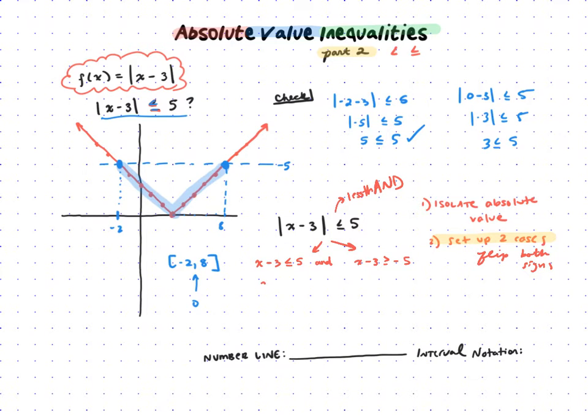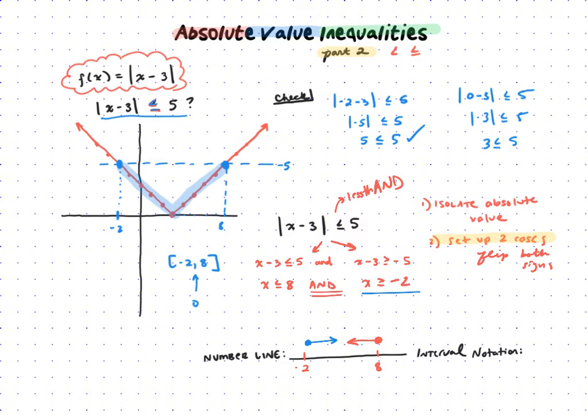So x has to be less than or equal to 8, and at the same time, x has to be greater than or equal to -2. And so on a number line, if I have -2 and 8, if it has to be less than or equal to 8, that looks like that. Greater than or equal to -2, it has to look like that.